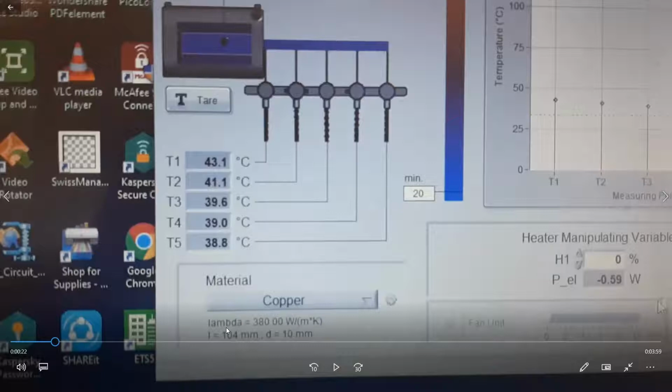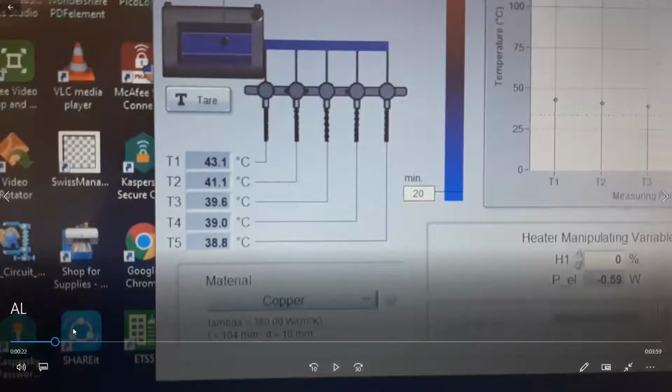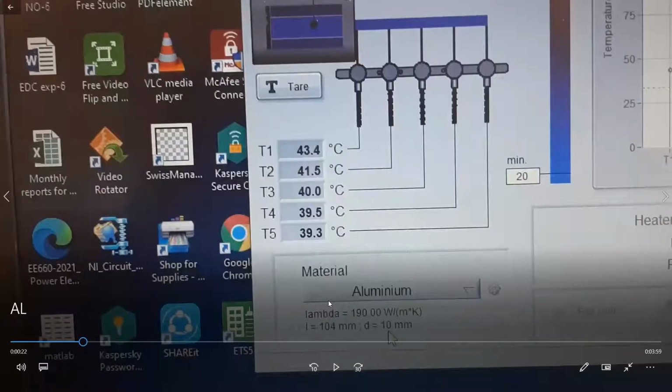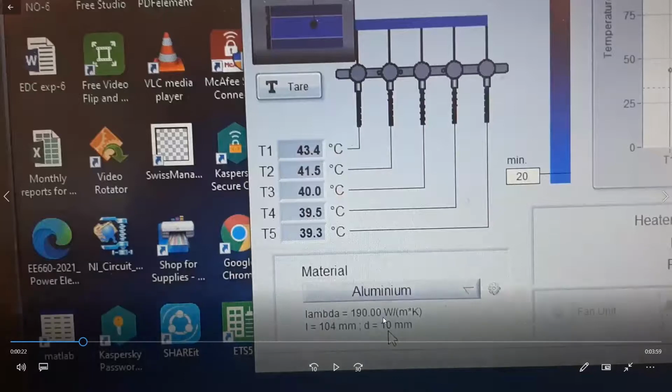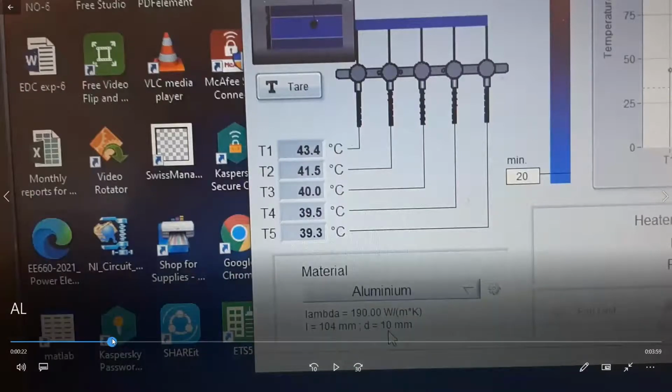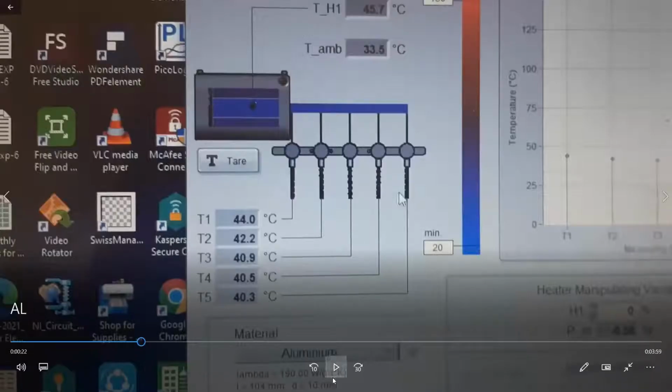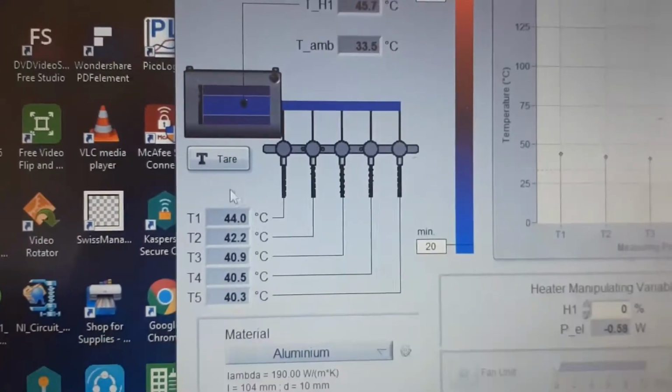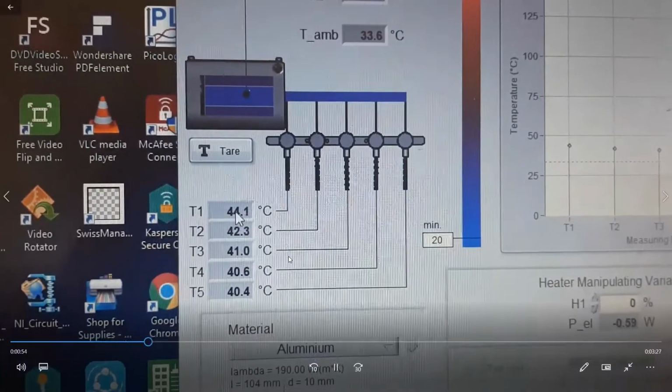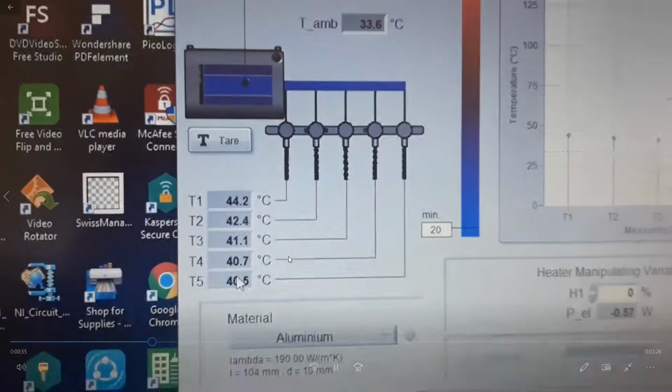That's why lower thermal resistance means higher conductivity. Aluminum has lower conductivity, and brass has less conductivity than aluminum. So the temperature difference will be higher than copper.